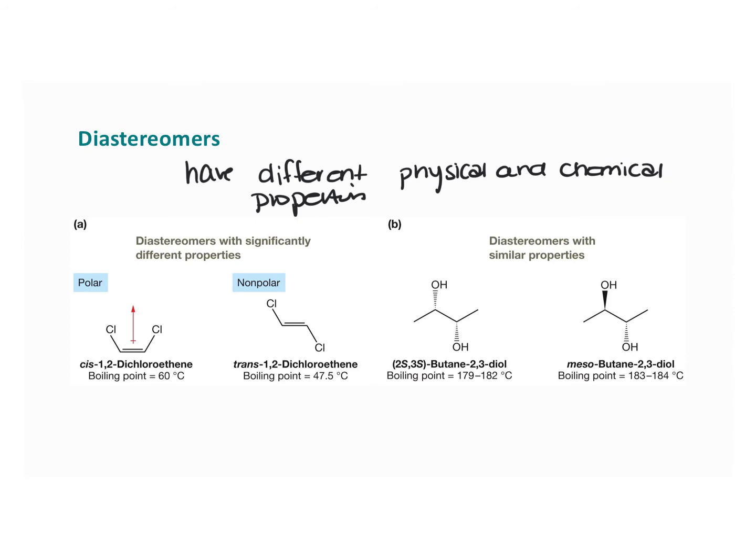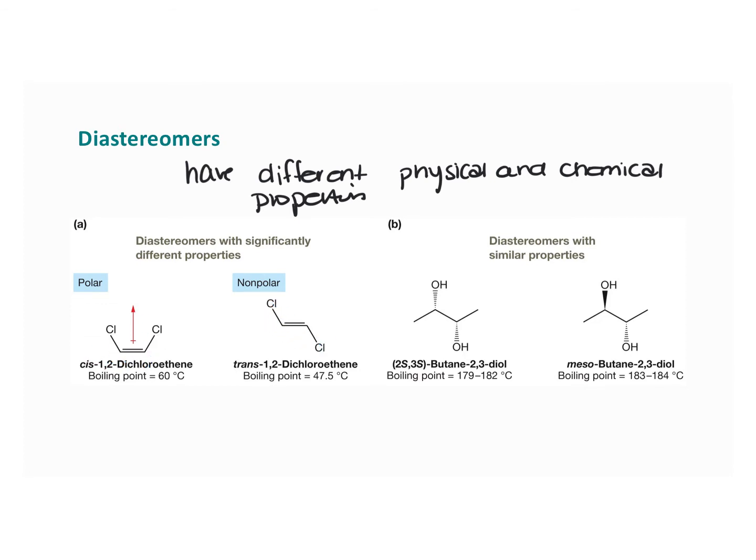So like enantiomers, diastereomers are going to have the same connectivity, but they aren't mirror images of each other, so they behave differently chemically. One of the reasons they can behave differently chemically is that they can have different polarities. So for example, this is cis-1,2-dichloroethene and trans-1,2-dichloroethene. And their polarities are different. This is a polar molecule and this is a nonpolar molecule.